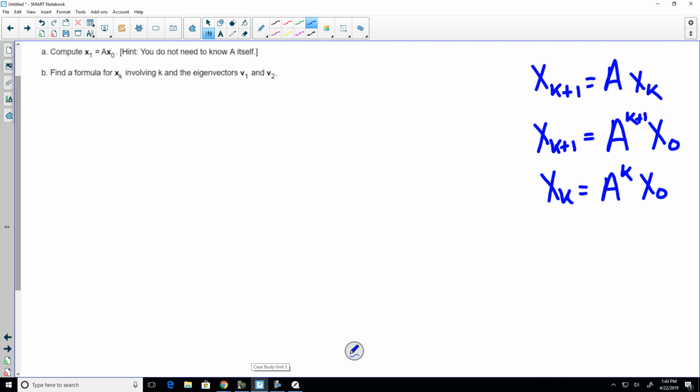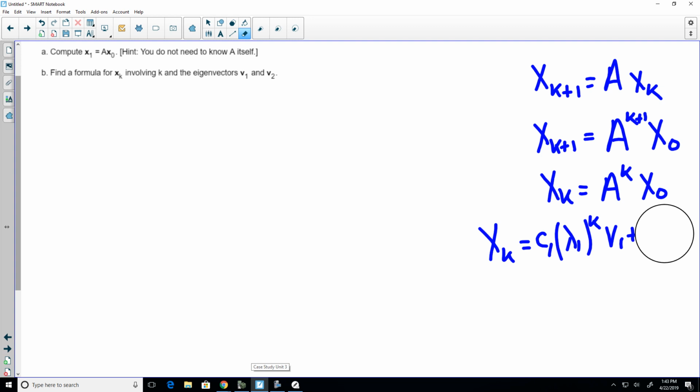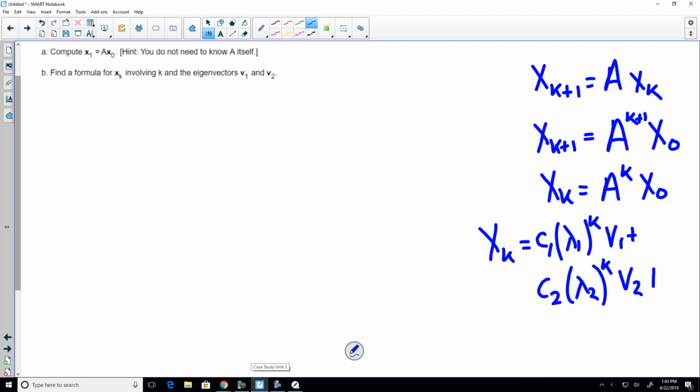So if A is diagonalizable, if A is square and it has, say, n columns, if it has n linearly independent eigenvectors, then you can rewrite this equation as this, depending on how many eigenvalues and eigenvectors you have.